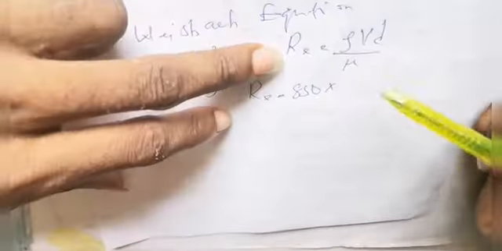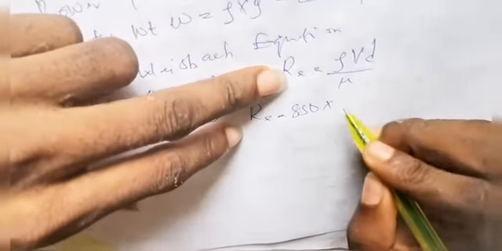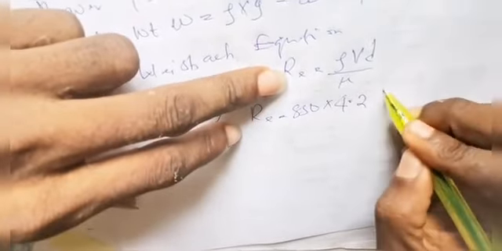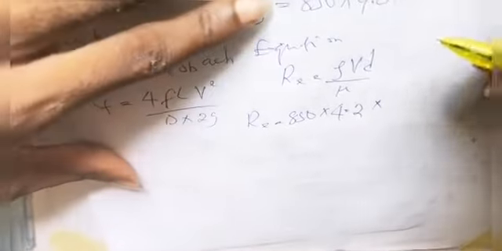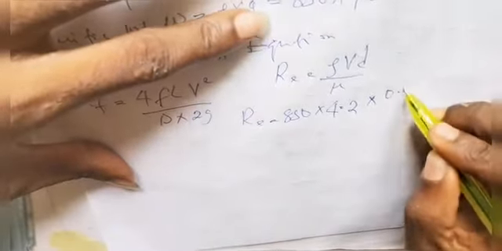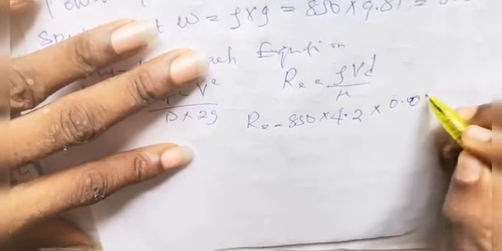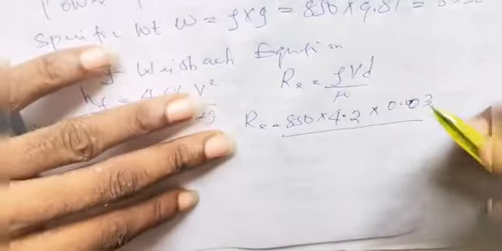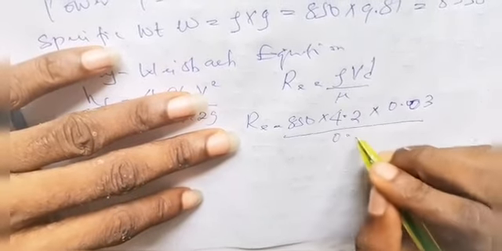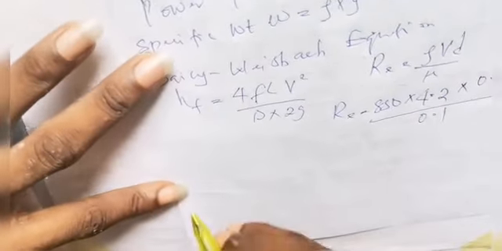So in place of velocity, we multiply 4.2 meters per second by the diameter of the pipe, which remains 0.03, all over the dynamic viscosity, which was given to us as 0.11.